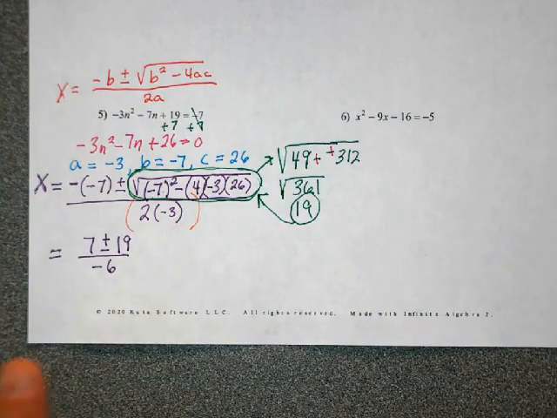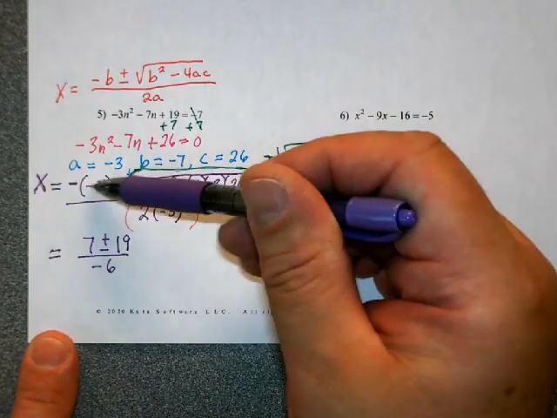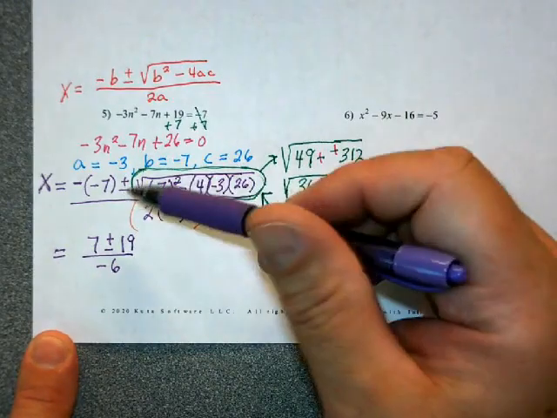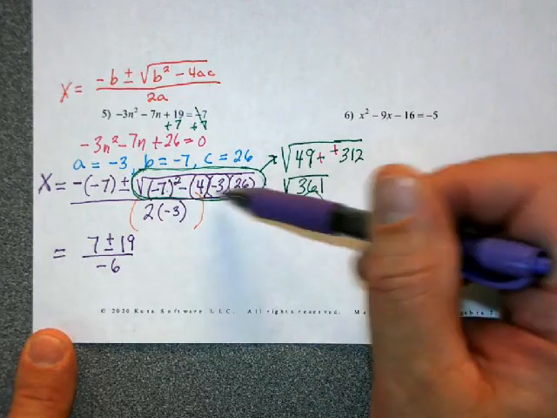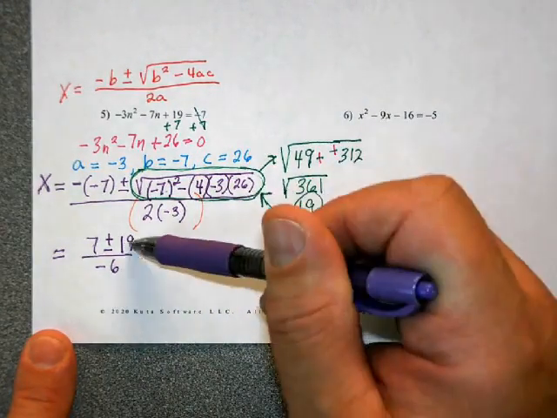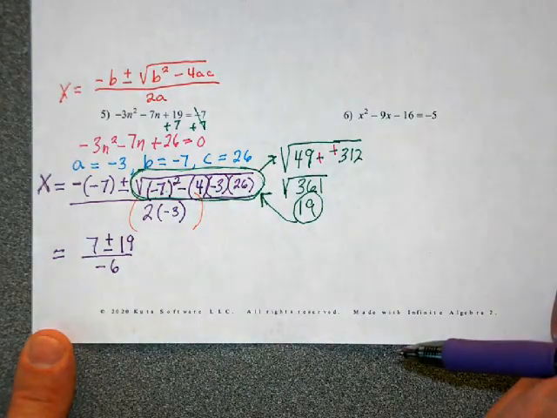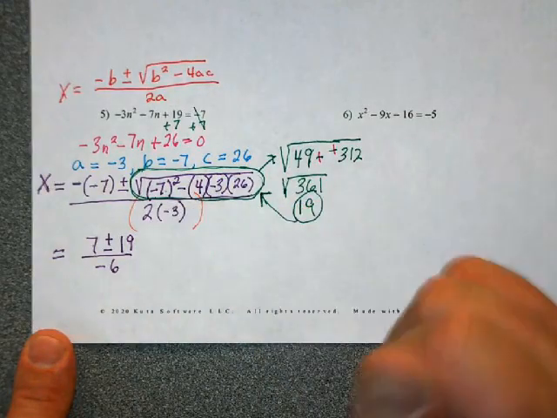The 7 comes from, I just got rid of this double negative, said, hey, that's a +7. Plus or minus my discriminant, and instead of putting all this there, I'm going to put the 19 in there for the discriminant. And then the denominator is 2 times -3, which is -6.